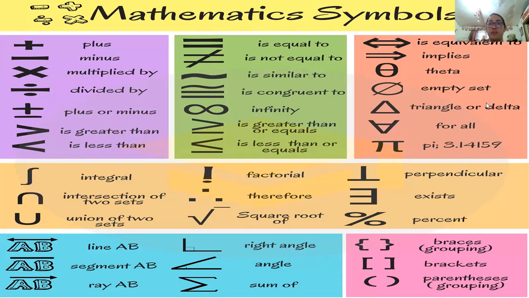You can pause this video and take down notes of the different symbols used in the language of mathematics. This is very helpful for us to communicate in math. Are you done? I hope you're done.